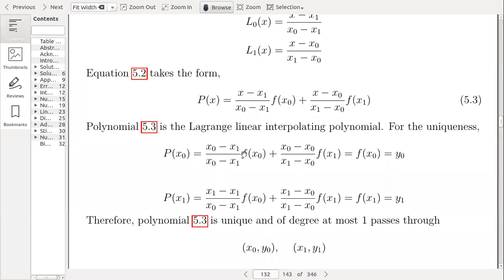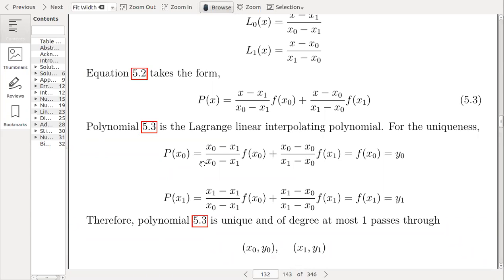So x0 minus x1 over x0 minus x1 f of x0 plus x0 minus x0 over x1 minus x0 f of x1 is equal to, so this x0 minus x0 will vanish.